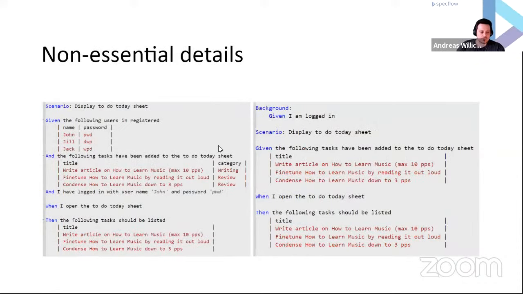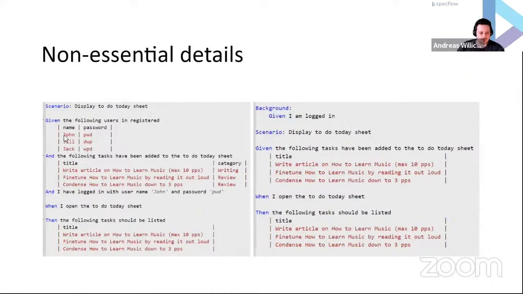Next, what we often see is that there are details in the scenario that are not necessary to understand the scenario. On the left side, we have much more detail than here. Like given the following users registered: I have three users here, but we only log in with one user and password.